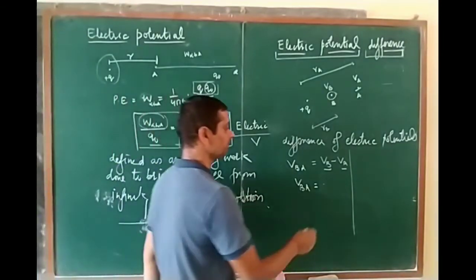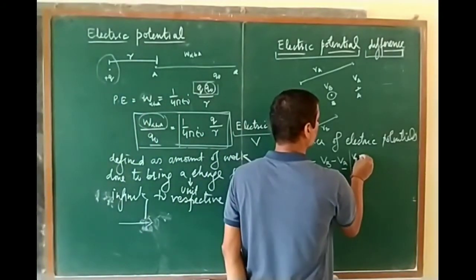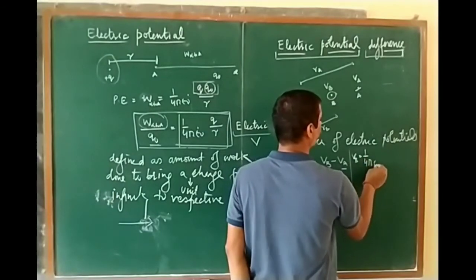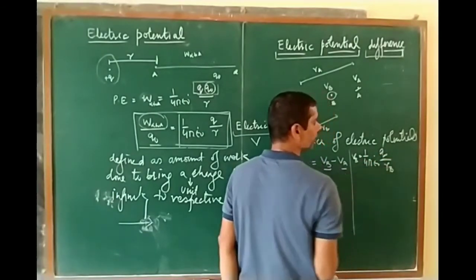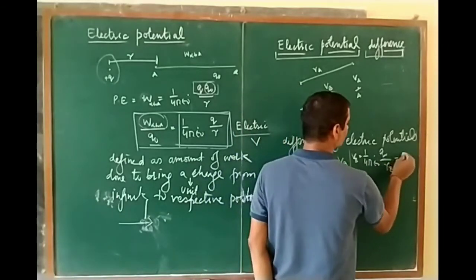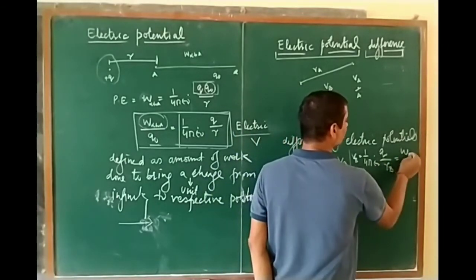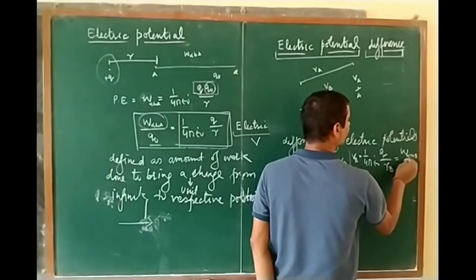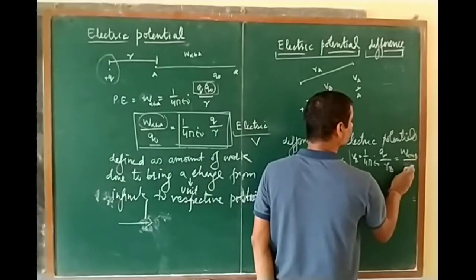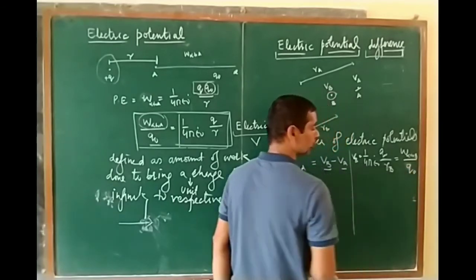From this relationship, VB will be equal to 1 upon 4 pi epsilon naught Q divided by the distance RB. That is equal to the amount of work done to bring the charge from infinity to the location B per unit test charge, that is Q naught.